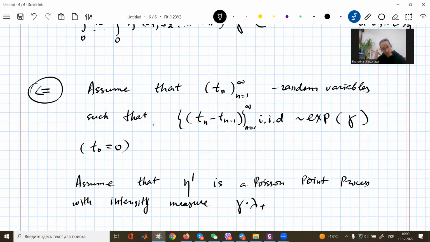So this is a homogeneous Poisson point process with intensity gamma.